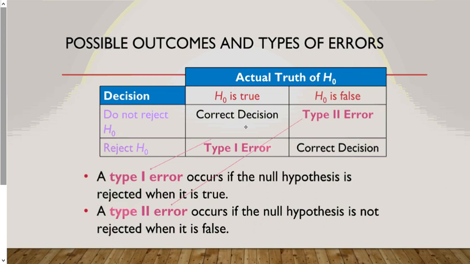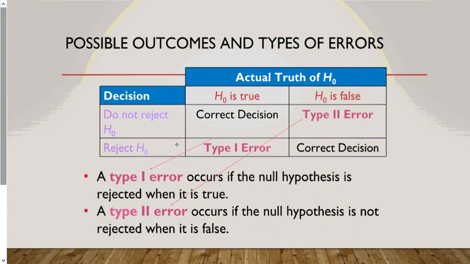But let's say that it's true, like you go and you do a census, you collect all the data and you now know it's true, which pretty much never happens. But when you took your sample, it led you to reject the null. You said, hey, I have evidence stating that the null hypothesis is not true.